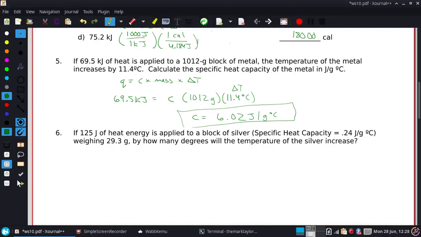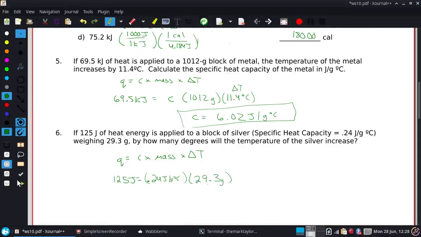All right, another one of these to apply this, I am going to use the exact same equation. This time, giving you the joules, or the Q, also giving you specific heat, and the mass.